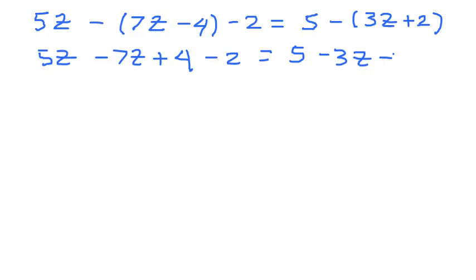Obviously it's not a z. Alright, now let's collect up our like terms. We've got 5z minus 7z, so that's going to be minus 2z. And 4 minus 2, that'll be plus 2.